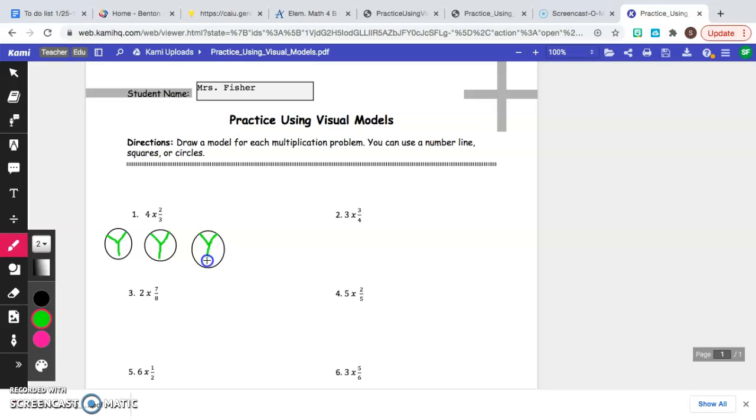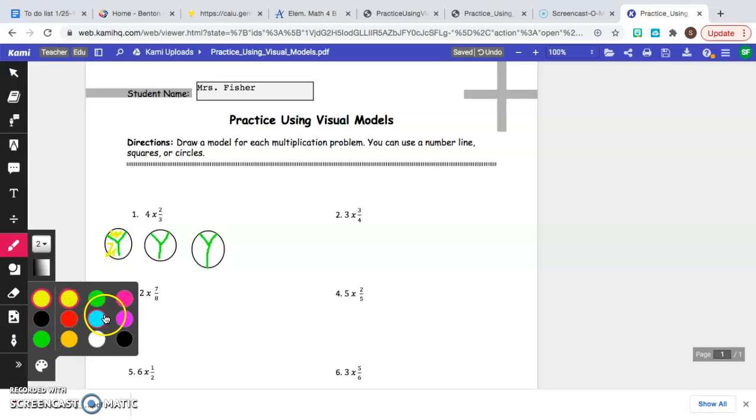All right, so now we need to color 2 in. So I'm going to do different colors because that is what you have to do. So here's a set of 2. Okay. Here's a set of 2. Because we're doing it 4 times.